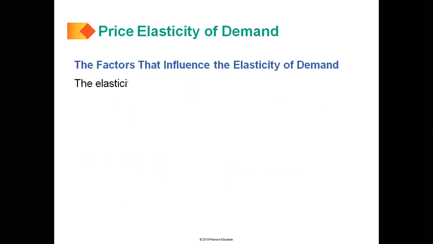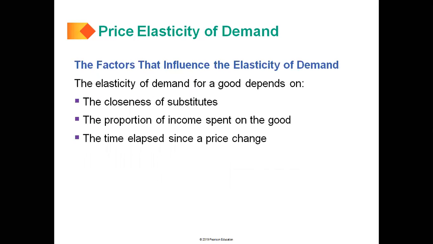Okay, and so I kind of covered this. Income, this closeness of substitutes, I talked about that. I think that makes sense for you. The proportion of income spent. So, in other words, let's suppose that I have to spend a lot of money on housing and I spend a big percentage of my income on that.